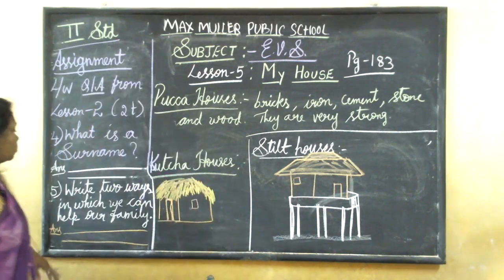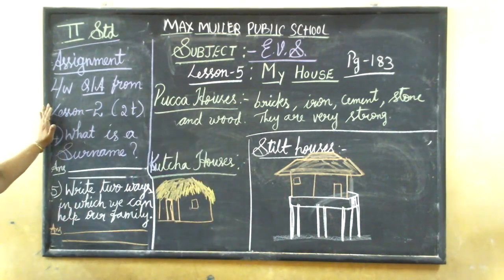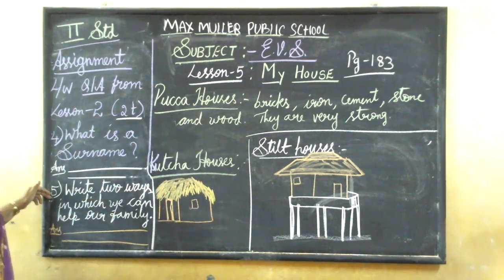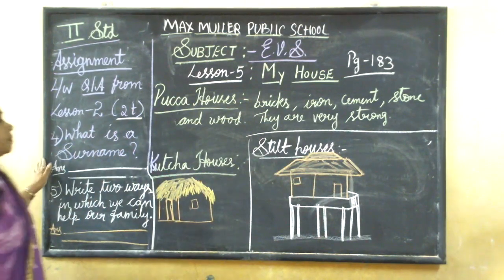Okay, children. So this is your assignment. I have written it down, copy down carefully, write two times. I have mentioned two times because only two questions are there. Write down two times. Okay.